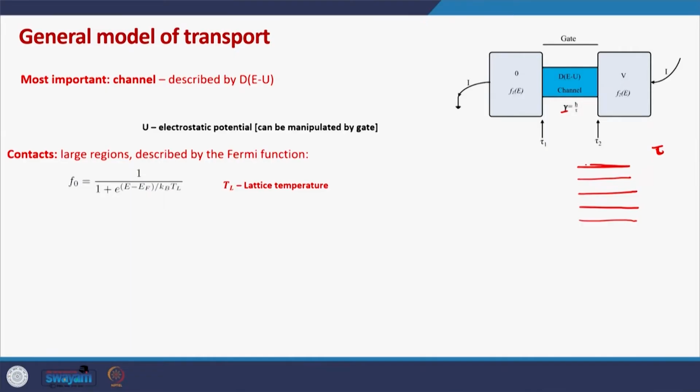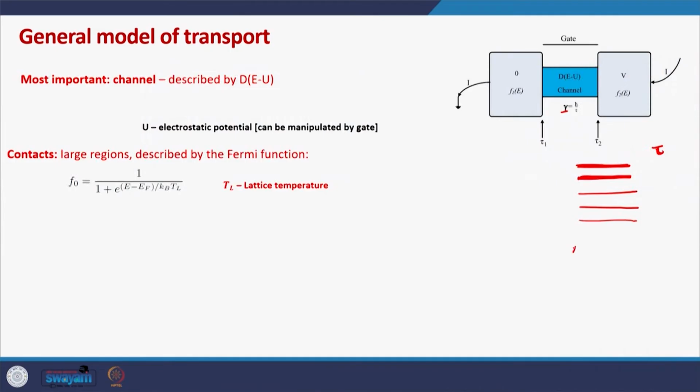So, according to Heisenberg's uncertainty principle, there will be a certain energy uncertainty in these energy levels, because the electron spends a finite lifetime in these energy levels, and the broadening in energy, delta E, will be governed by the Heisenberg's uncertainty principle.